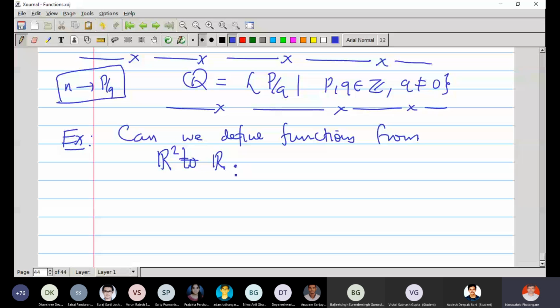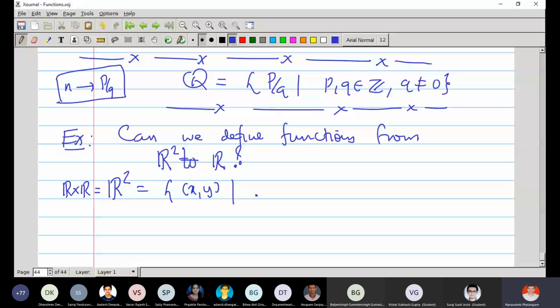Okay, what is R2? R cross R. I am not saying simple R, it is real numbers R cross R. What is this set R2 or R cross R?